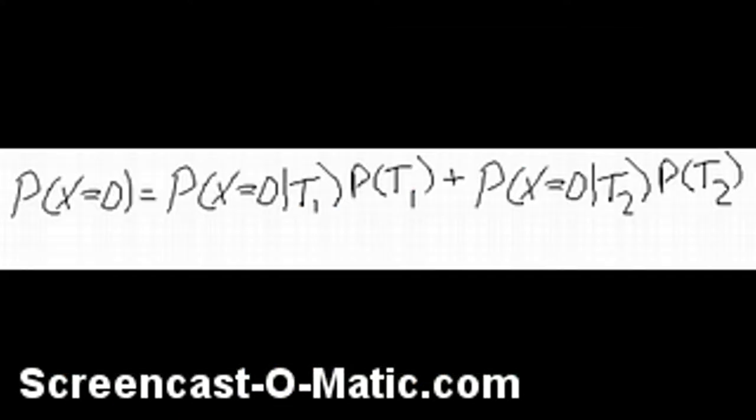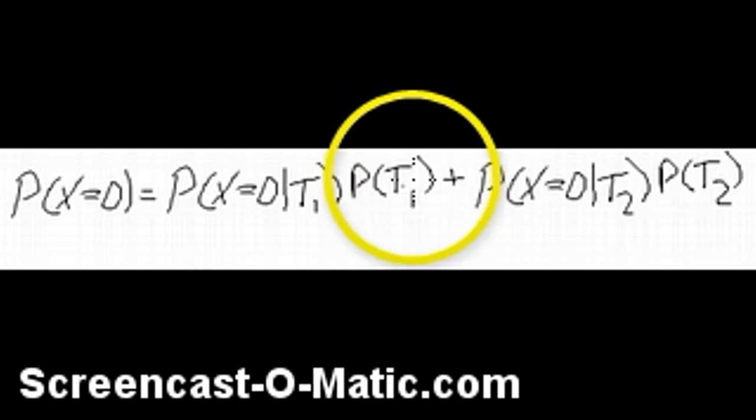Okay, here we go. Despite the chicken scratch style here, I think this may be more helpful. So the probability that we're going to get 0 errors here is the probability that we're going to get 0 errors given that we have typist 1 times the probability we have typist 1, plus the probability that we get 0 errors given that we have typist 2 times the probability of getting typist 2.